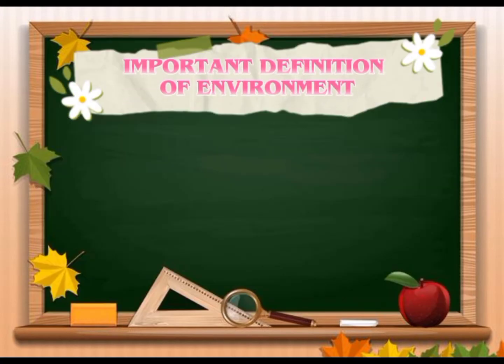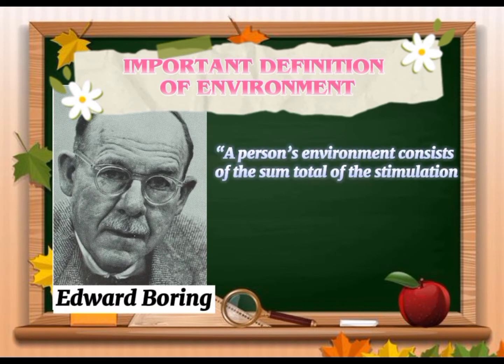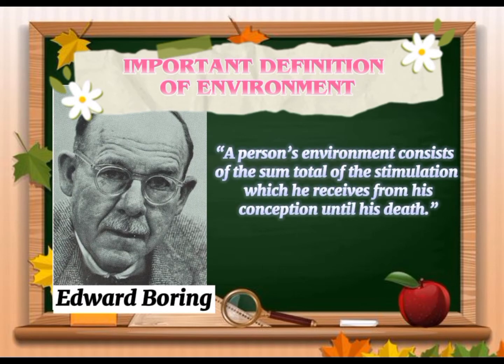There are some important definitions of the environment. According to Boring, a person's environment consists of the sum total of the stimulation which he receives from his conception until his death, indicating that environment is made up of various types of forces such as physical, intellectual, mental, social, moral, and emotional.